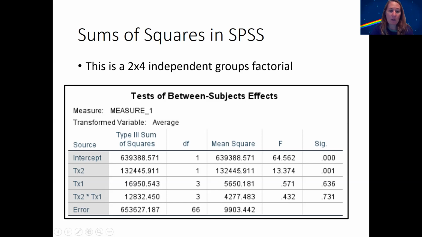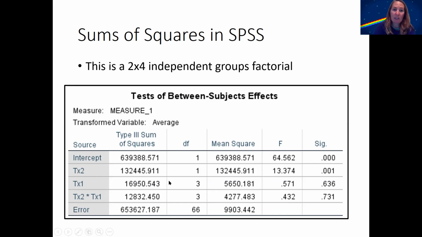So I'll just show you. Do you see that? Yes. Okay, so if we take 132,445.91 and divide it by 9903.44, you can see we get 13.37. So that is our F value. So that's how we get that, okay?